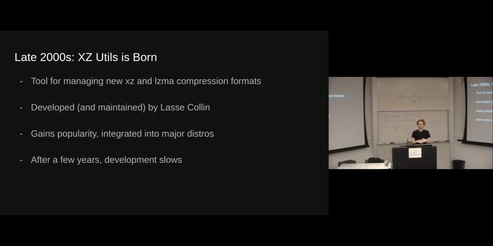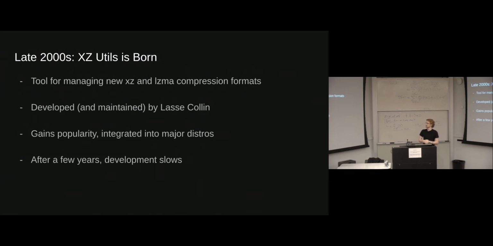And it gains popularity. It's super useful, particularly for software distribution, I think. And so it gets integrated into a lot of major distributions. Distributions start packing XZ into their code by default. Pretty much every major distribution includes XZ at this point.